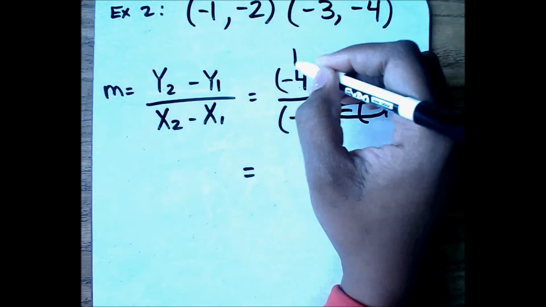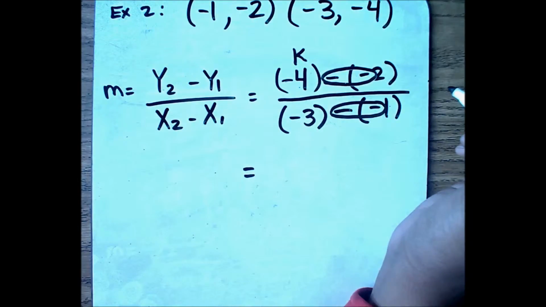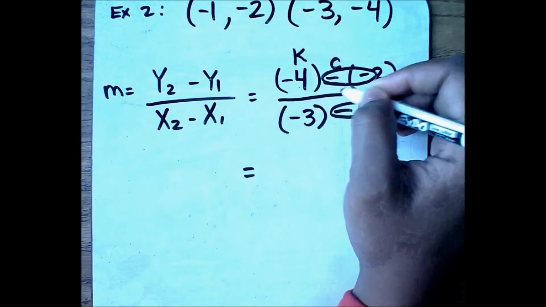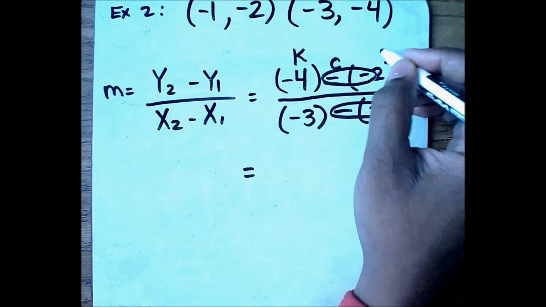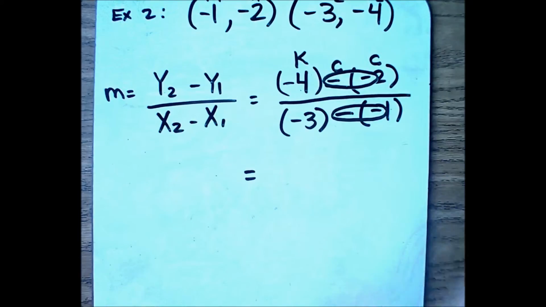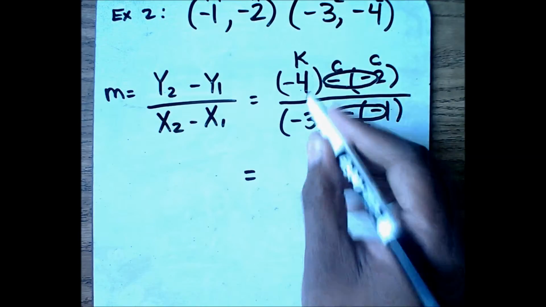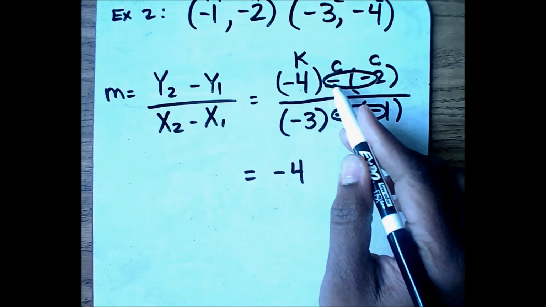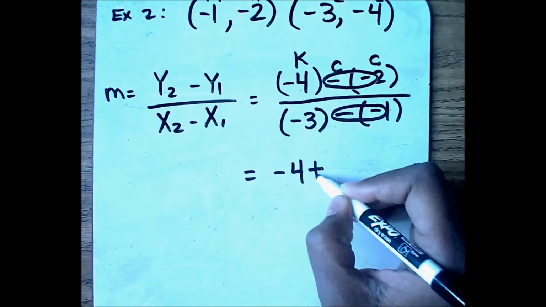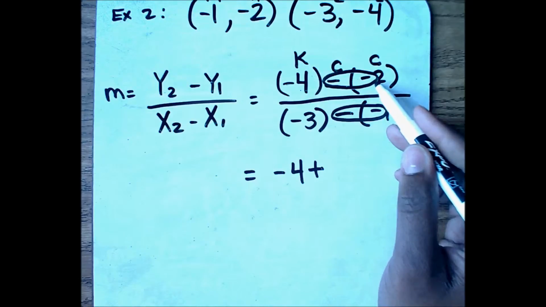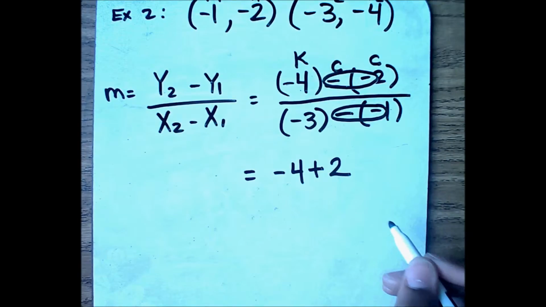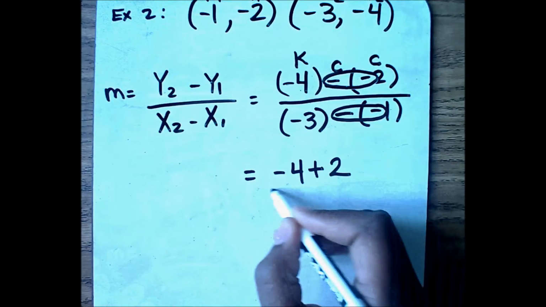So I keep the first integer, I change my minus sign to a plus sign, and I change my second integer. So I keep my first one, that's -4. I change my minus sign to a plus sign, and I change my -2 to a +2. And this is how things look now. It looks a little bit easier, right?